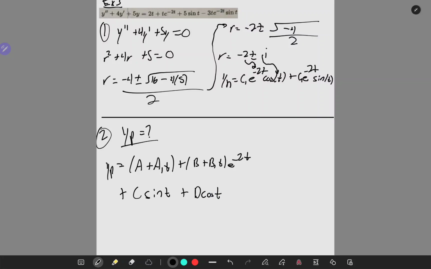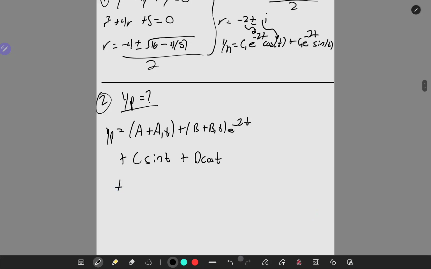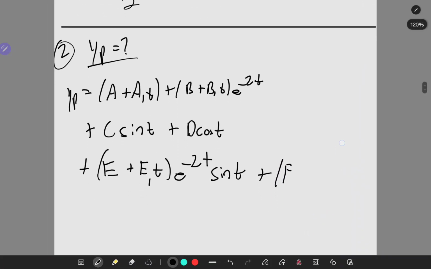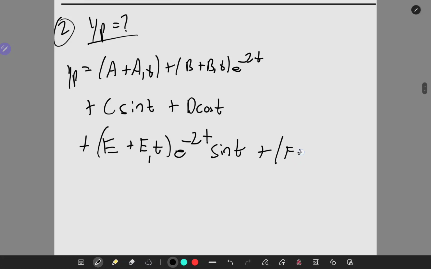Now the next term, we have negative 3t e to the negative 2t sine of t. We have 3t would be a first degree polynomial. So plus, we're on a, b, c, d, e, plus e0 plus e1 t, right, times e to the negative 2t times sine of t, plus f0 plus f1 t times e to the negative 2t times cosine of t.